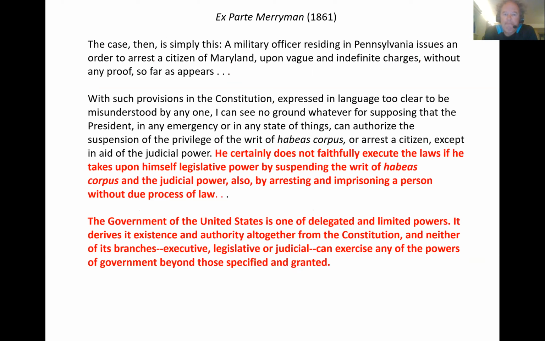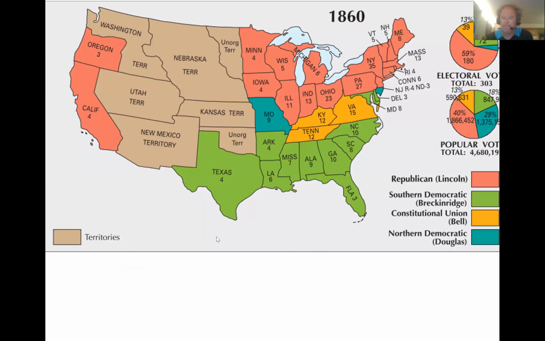The Civil War begins. And one of the key issues in the early stages, the South is better organized. If we go back to this map, Maryland in 1860 goes for the Southern Democrat, Breckinridge, especially because the Baltimore area was quite pro-slavery. Slavery is legal in Maryland.